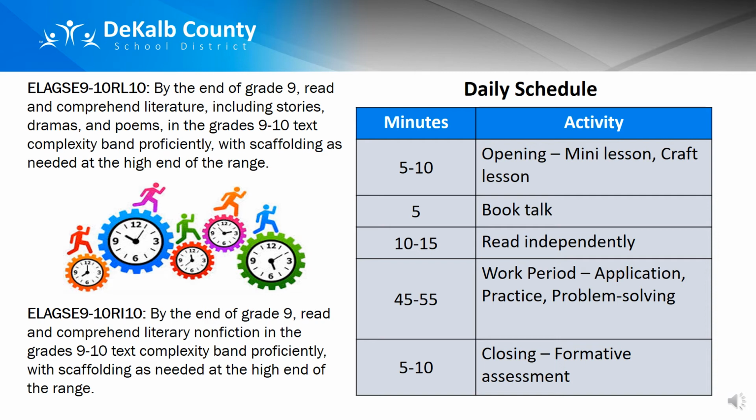This chart shows the approximate number of minutes that students should read daily during independent reading. Again, scaffolding is needed. For further comparisons, the RL10 and RI10 standards for grade 6-12 can be found in the resource folder of this module.